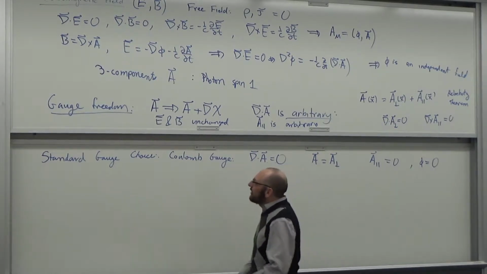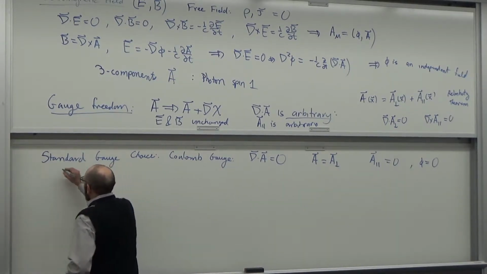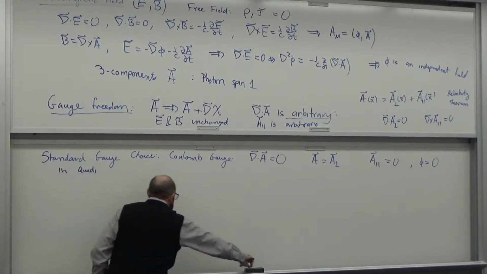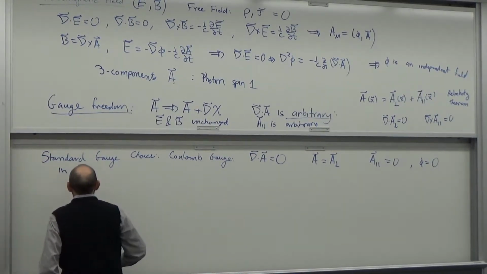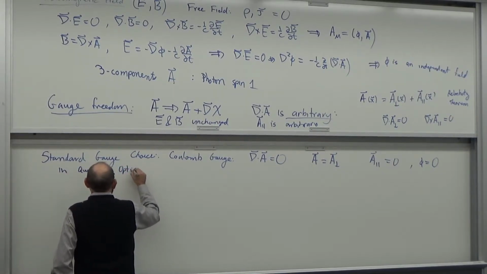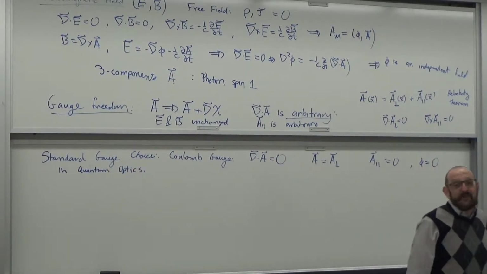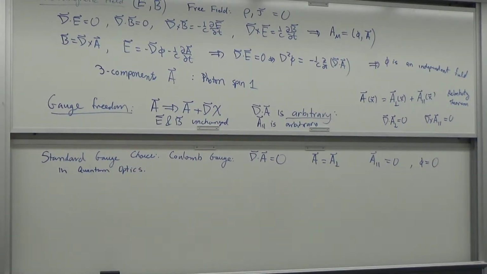It's not the standard choice in relativistic quantum field theory, because the Coulomb gauge is not Lorentz invariant. If I go to a different reference frame, I have to change the gauge.